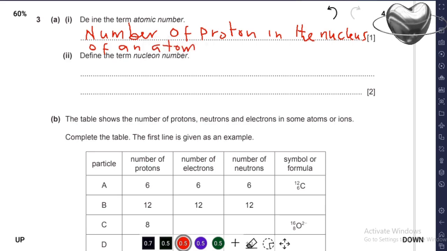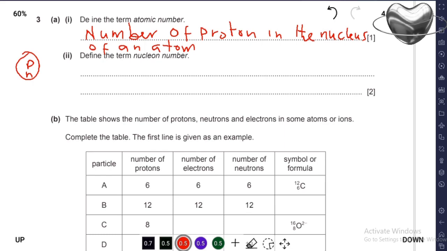Define the term nucleon number. Nucleon is coming from the word nucleus, so we are talking about the particles that are there in the nucleus. The particles that are there in the nucleus, we have protons and neutrons. So the total number of protons and neutrons will give us the nucleon number.